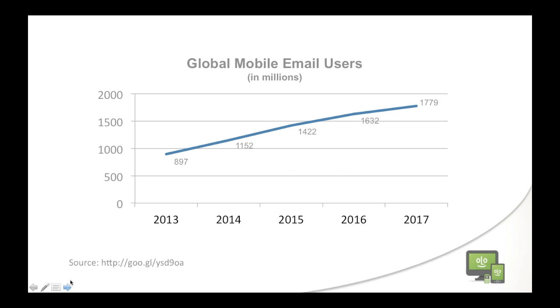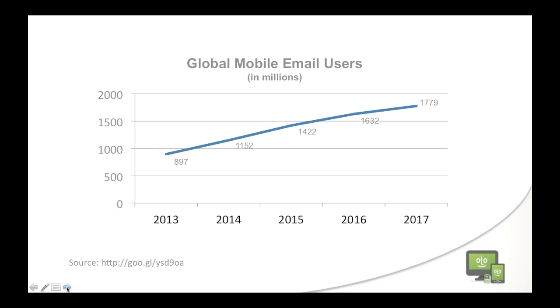Here's another look at the same type of information. Last year there were 897 million people in the world who look at email on smartphones. By 2017, that's going to be 1.8 billion or so. That is quite a jump, and that line's probably only going to continue to go up.